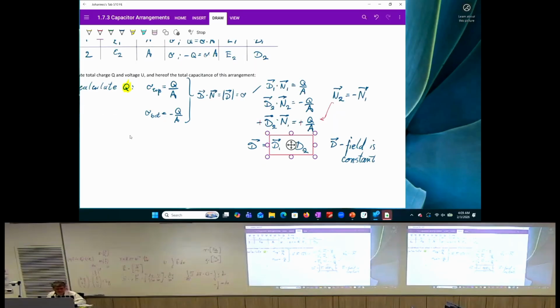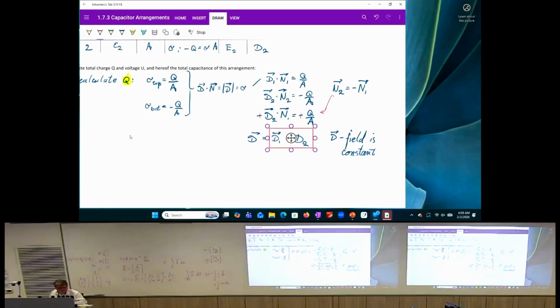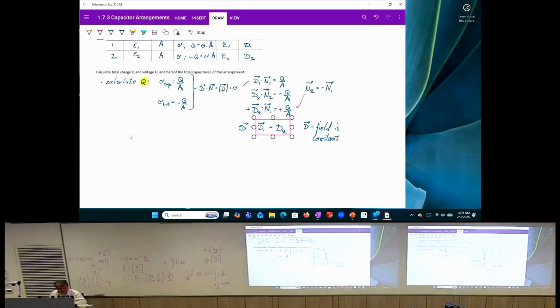We have two dielectric slabs here. So the D field, the electric flux density, is constant over the entire filling of the capacitor. However, the E field is not. The E field changes due to the different epsilon.